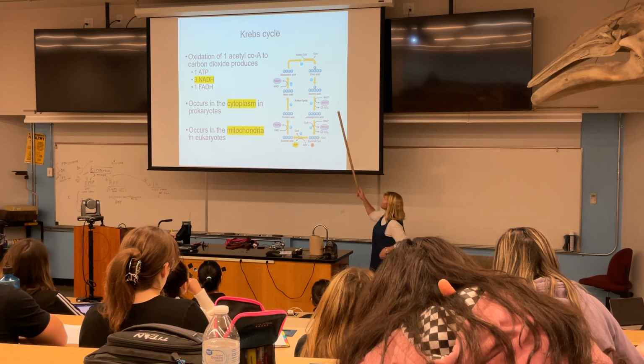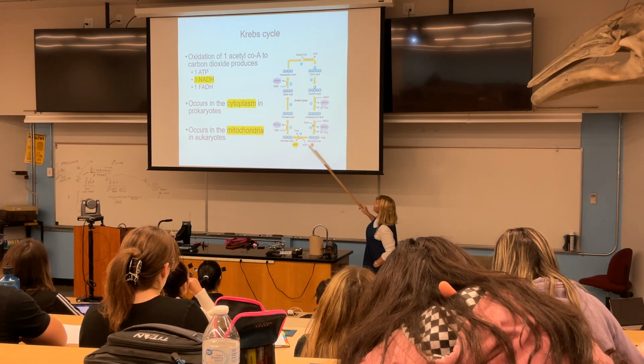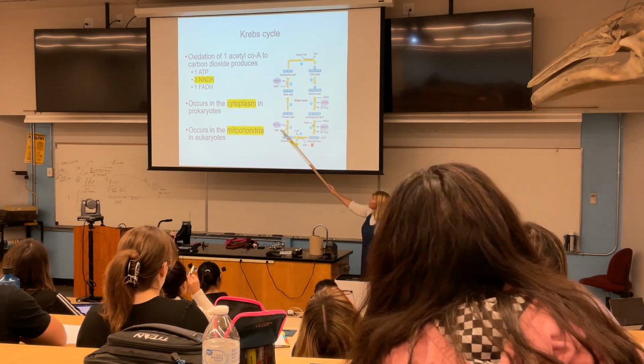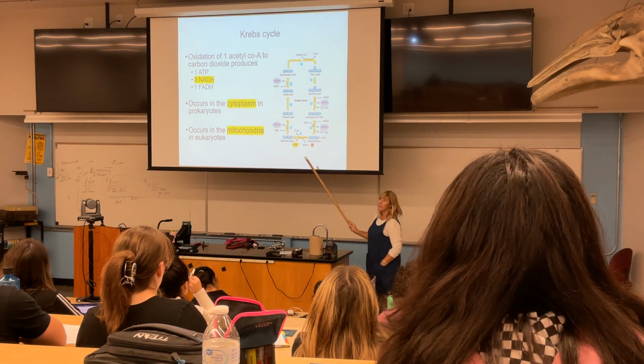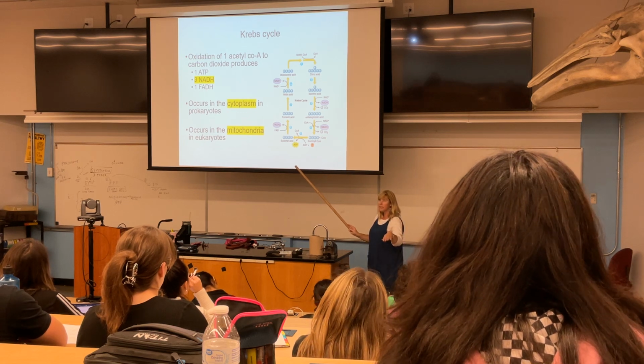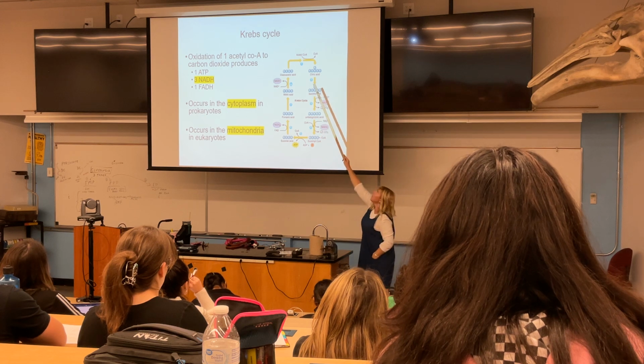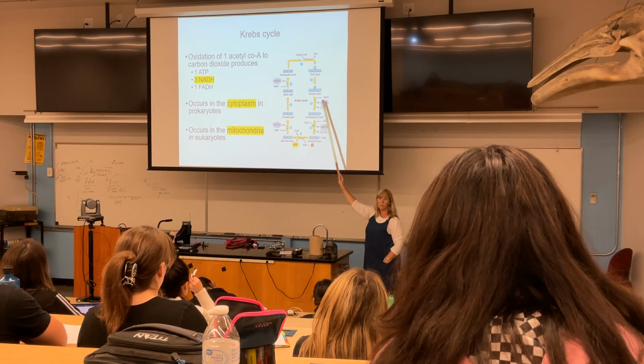So the first acetyl-CoA comes in, cranks through this process, and I get 1, 2, 3 NADHs, 1 FADH2, and 1 ATP. But I'm not done, because I still got the second acetyl-CoA, who's waiting for his turn. Now he comes in, and he goes through this process.